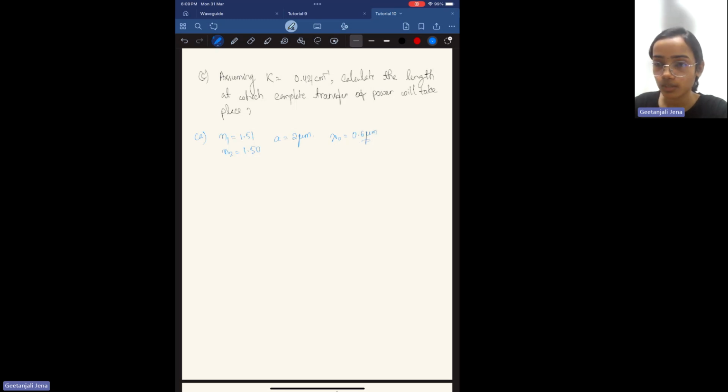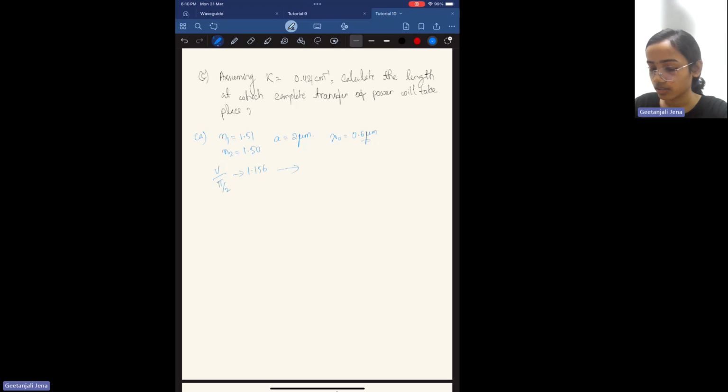To find the number of modes, we first need to find the V number of this planar waveguide, then divide the V number by pi by 2, and take the integer that is greater than and closest to the value we get. In the last session, we got a value of around 1.156 for the ratio V by pi by 2.